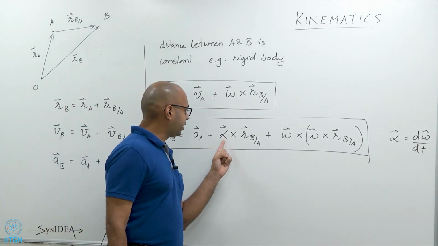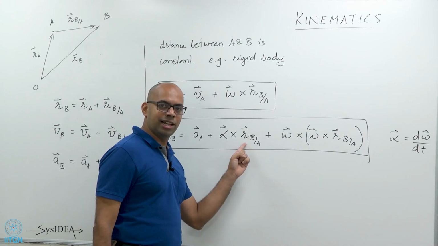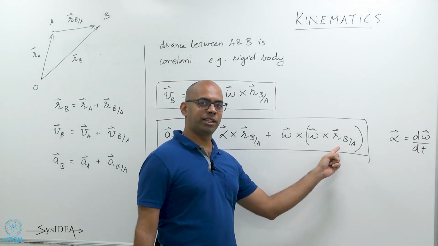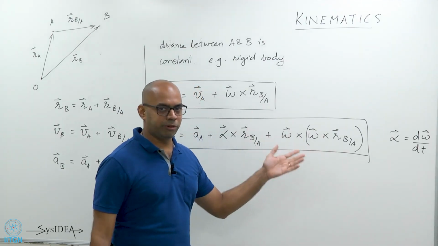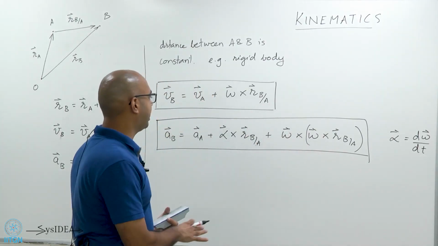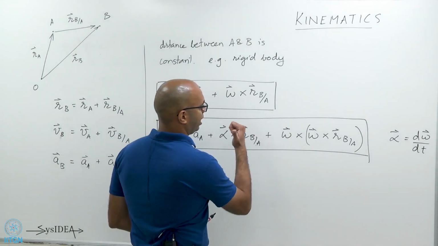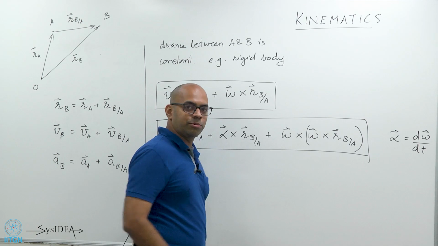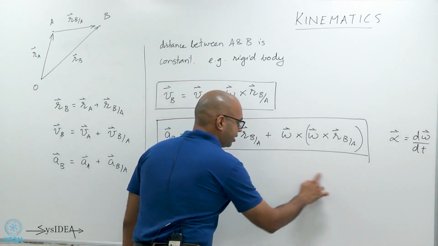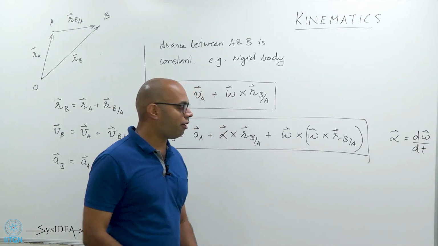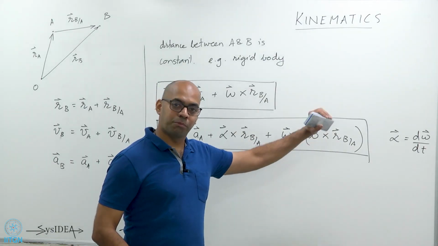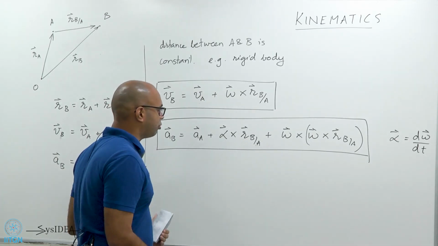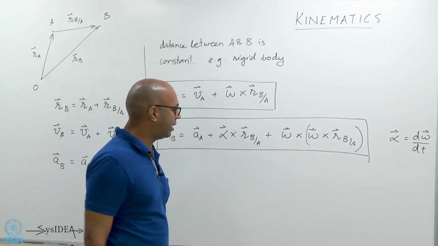And many of you will recognize this as the tangential acceleration alpha r, and this you would recognize as the centripetal acceleration. And you can quickly work out in the planar case, omega is always pointing out of the board or into the board. And then when you work out this cross product, you will see that this whole term is in the negative direction of the r vector. So it is pointing towards the center, so to speak, or in this case, pointing towards A.